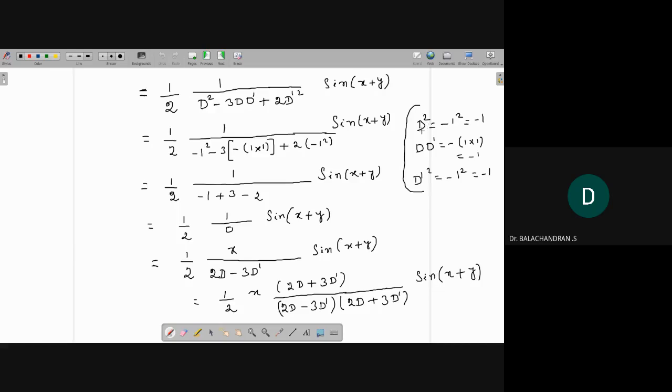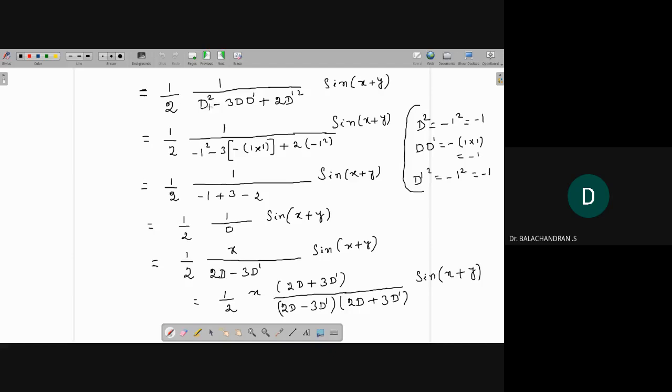We need to replace d square by minus a square. A equal to 1, so minus 1 square equal to minus 1. D d dash equal to minus a into b, a is 1 and b is 1, so it is equal to minus 1. D dash square is minus b square, b is 1, so 1 square is minus 1.